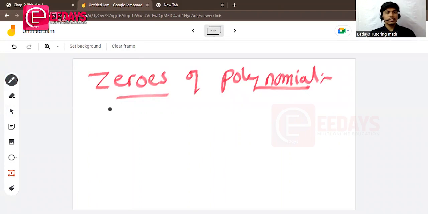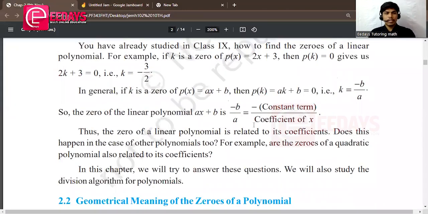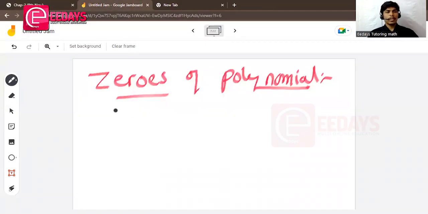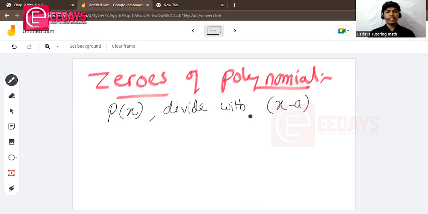Let's understand the definition given here. Zero of a polynomial p of x is a real number k, where if the polynomial p of x is divided by x minus a, or x minus a is a factor of that polynomial, then the first step is you should equate x minus a to 0.